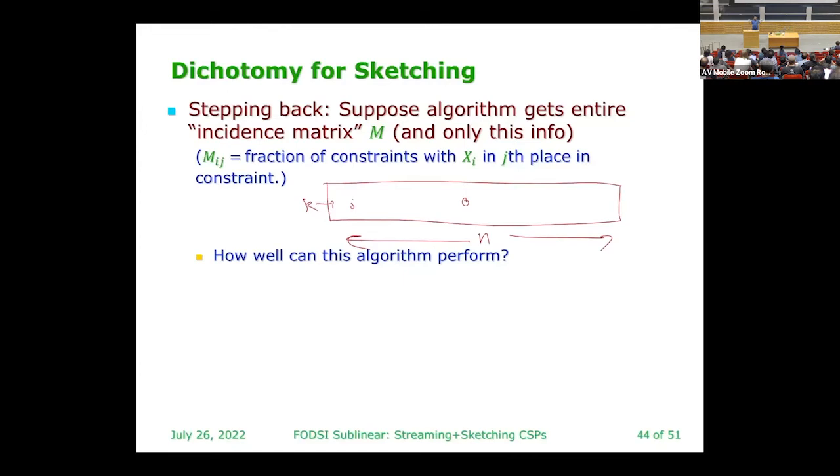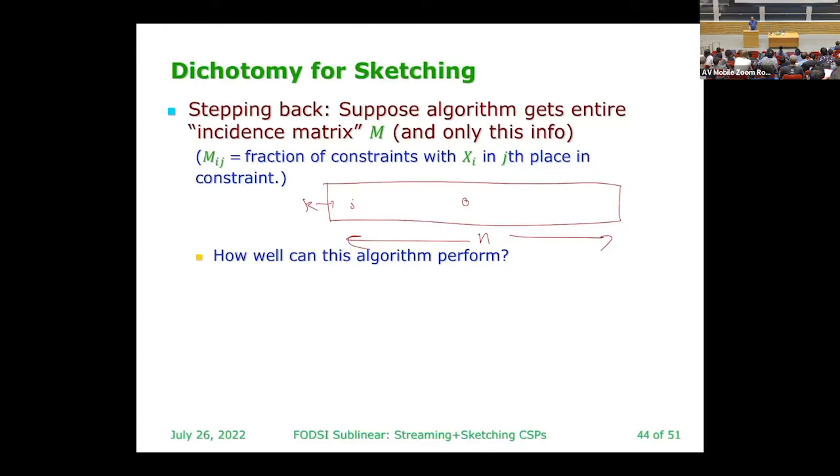Let's pretend for simplicity there's only one constraint, one function in our space applied to k variables at a time. So I tell you exactly how often each variable appears in each position. This is a lot of information. It's not clear how a streaming algorithm is going to be able to compute this.